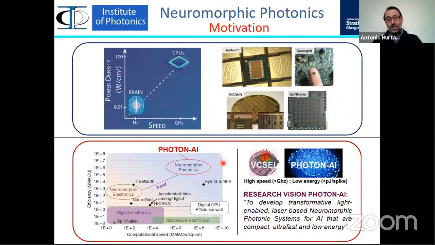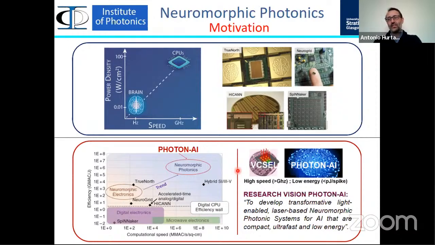There are different approaches out there, but in our work we're using semiconductor lasers, the very same devices that are used to transmit internet data traffic over fiber optic networks. So our approach is totally compatible with optical networks, optical communication systems, and data center technologies. Among lasers, we're interested in a specific type called VCSELs, which stands for vertical cavity surface emitting lasers.